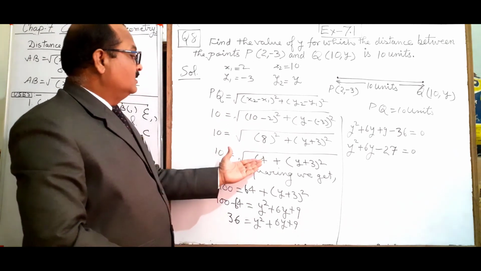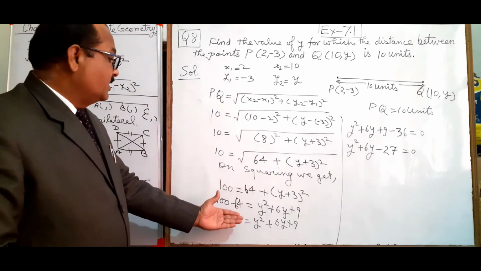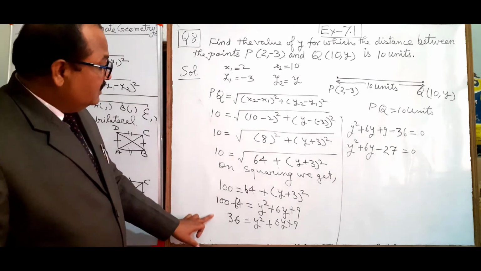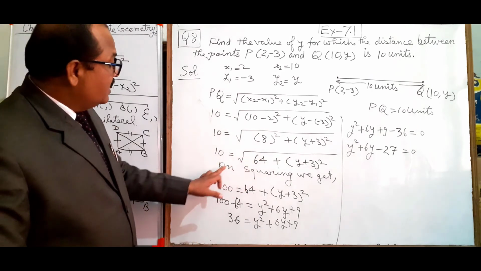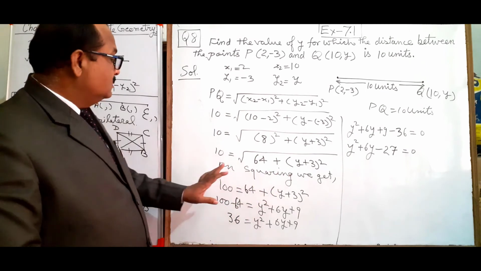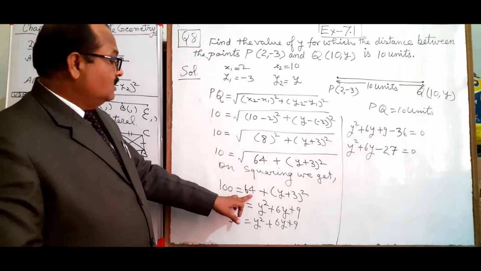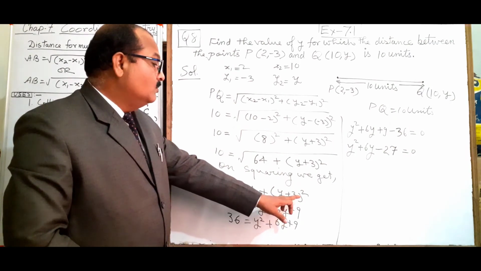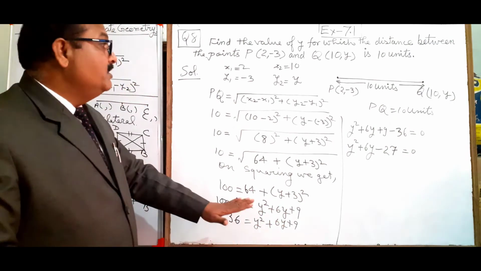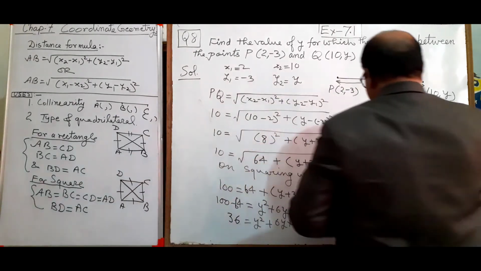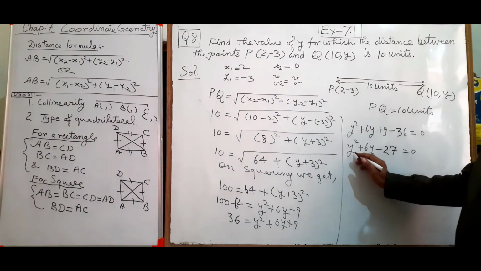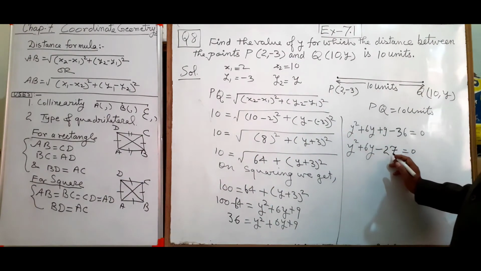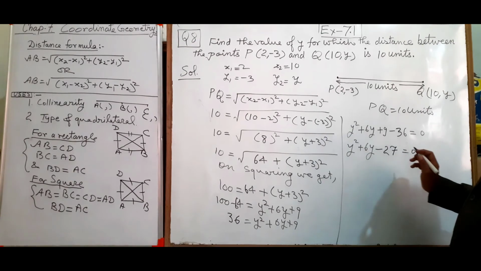After substituting the values, after this line we are squaring both the sides. We will get 100 is equal to 64 plus (y plus 3) whole square. After simplification you will get ultimately y square plus 6y minus 27 is equal to 0.